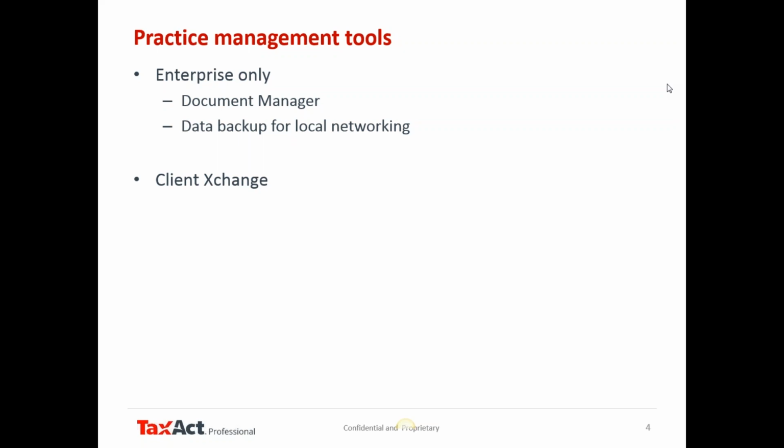So you can attach virtually any file type to this. So as an example, I have a PDF, and then I also have a CSV file where you can't preview it in Document Manager, but you can open it through Document Manager. In this case, it'll open through Excel.